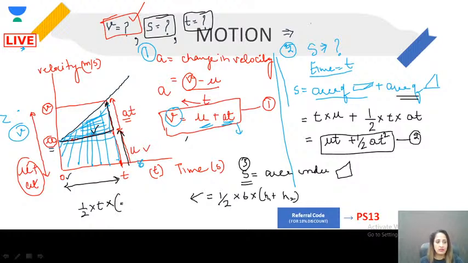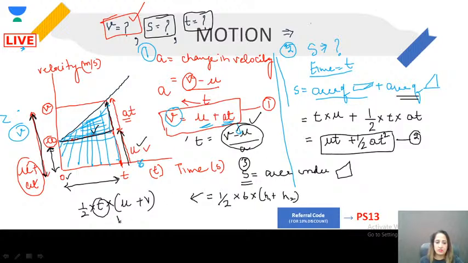What is our height 1? u is our height 1, and this whole thing is v. So h1 plus h2 is u plus v. Now we have to insert the value for t, and that we will take from this equation: t is v minus u divided by a.